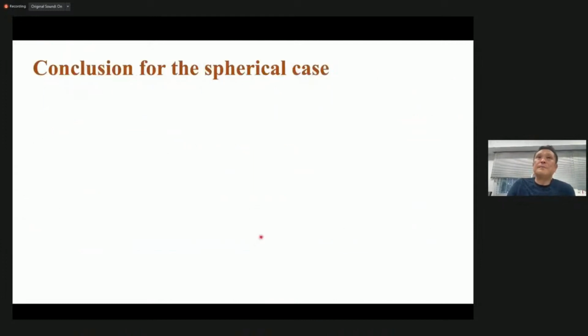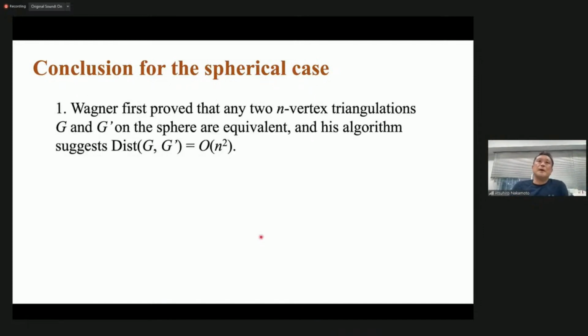So I'd like to give a conclusion for the spherical case. Wagner first proved that any two n-vertex triangulations G and G prime on the sphere are equivalent, and his algorithm suggests the flip distance is of order n squared.